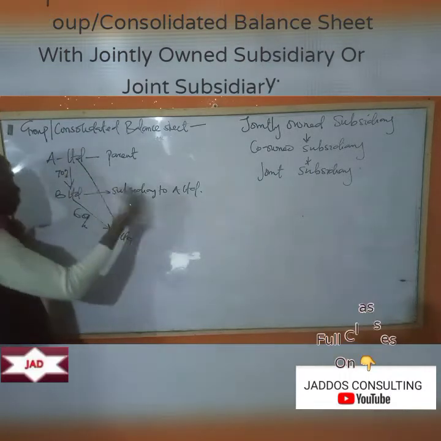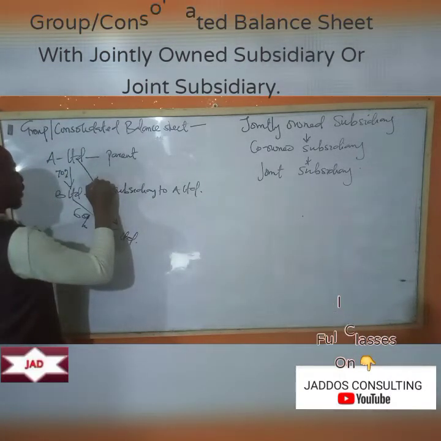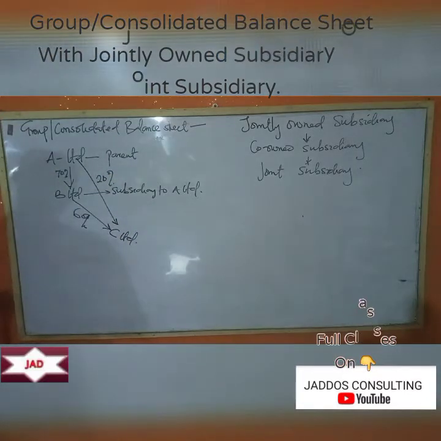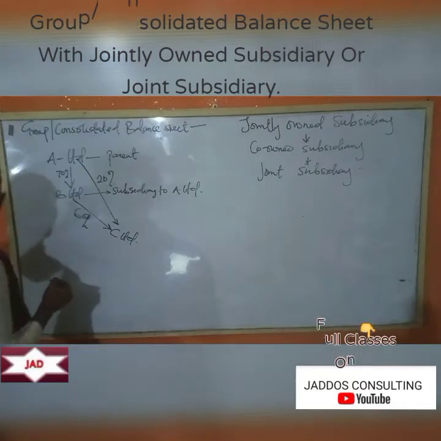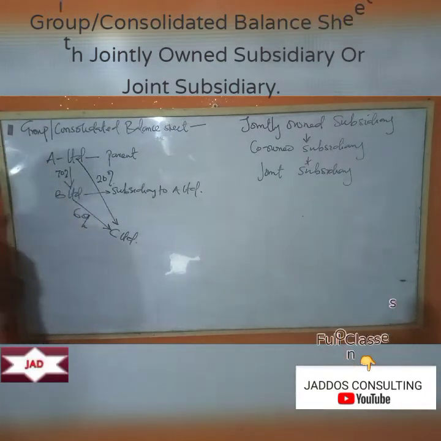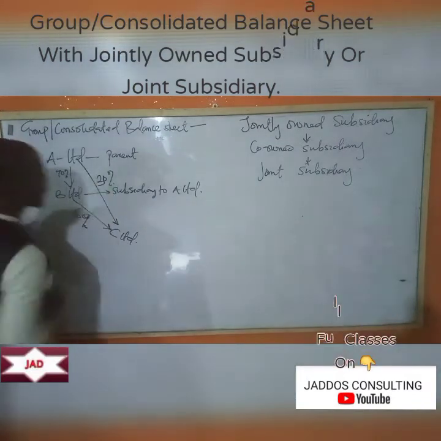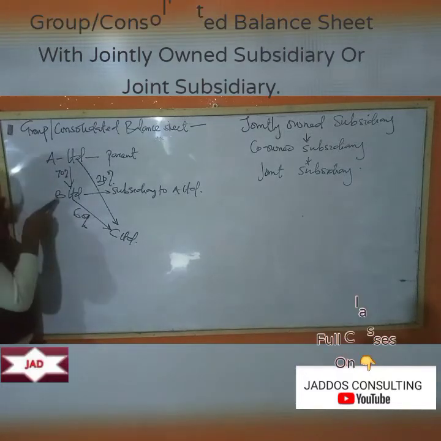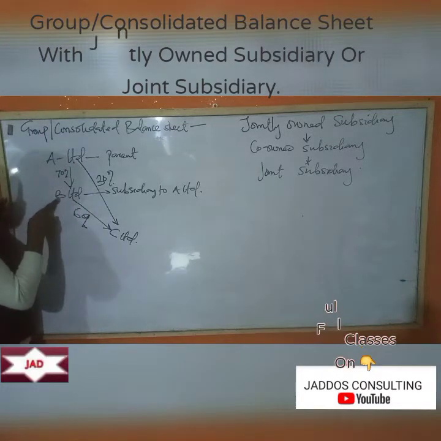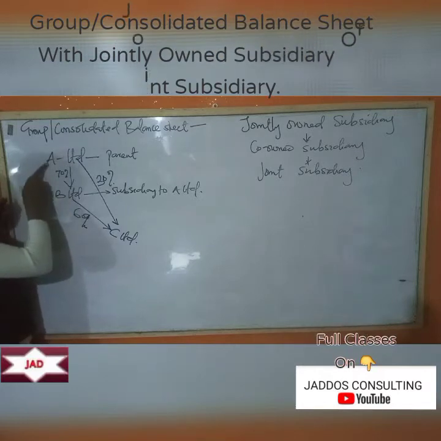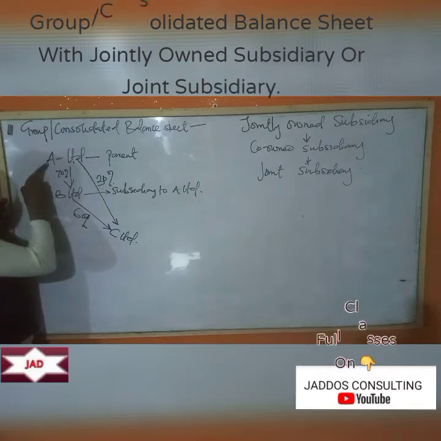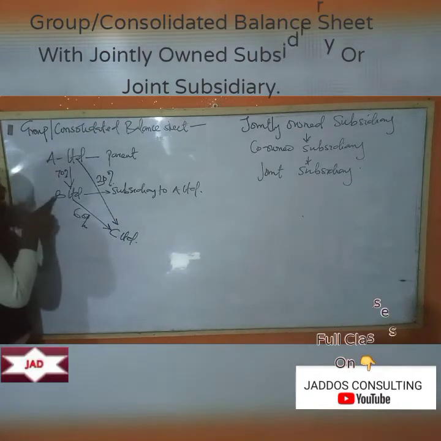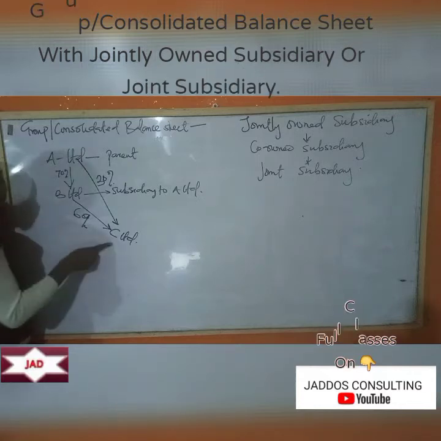So let's say 30%. Now, what we are saying here is that you can see that B is a subsidiary to A. Now, B has a controlling interest in C Limited.